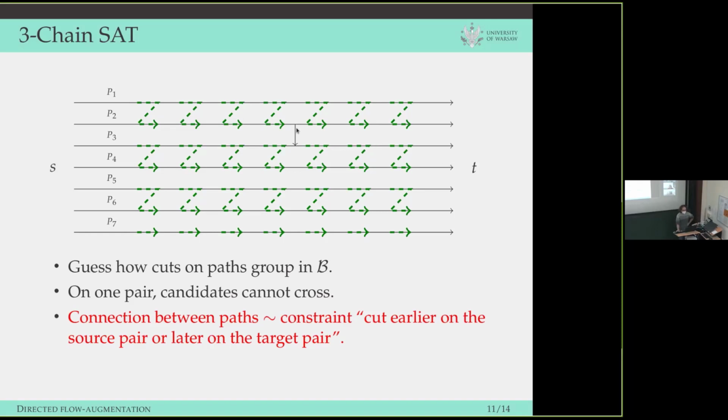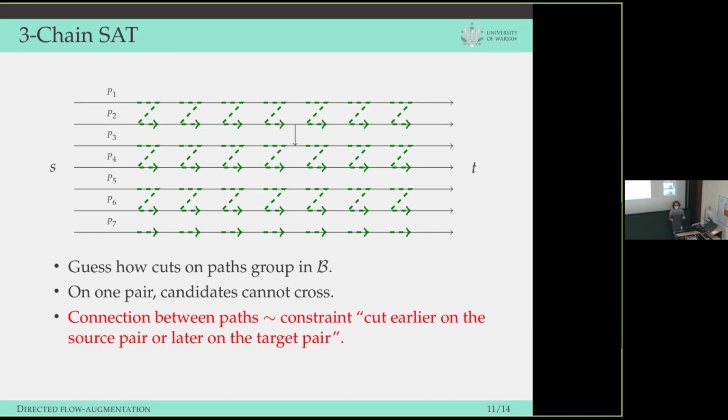So this connection really says that the first two paths are cut before this moment, or the third and fourth paths are cut after this moment. If you think about it, you have these pairs of paths which are like sliders where you cut, and you have these constraints: this slider is earlier than this place, or this slider is later than this place, and these are all the constraints you have. And this is a polynomial time solvable CSP.